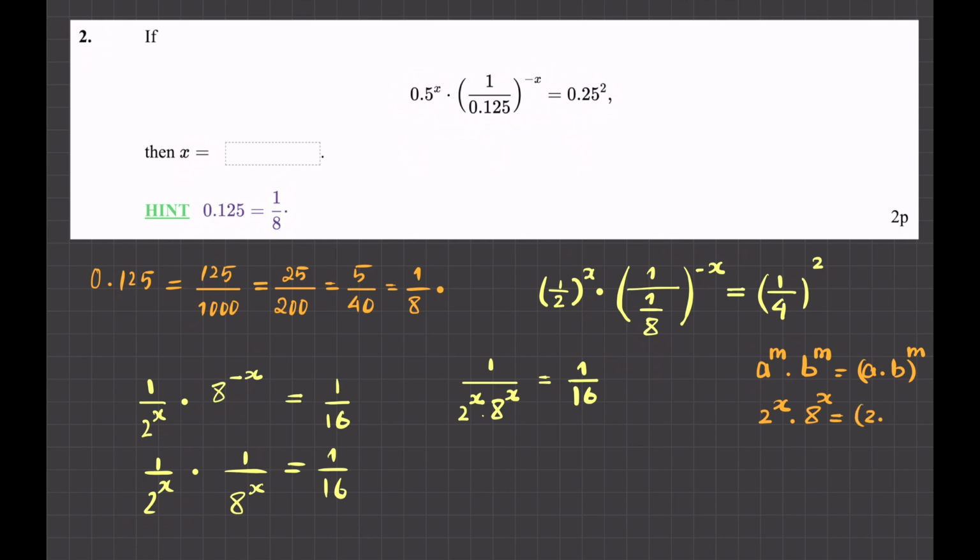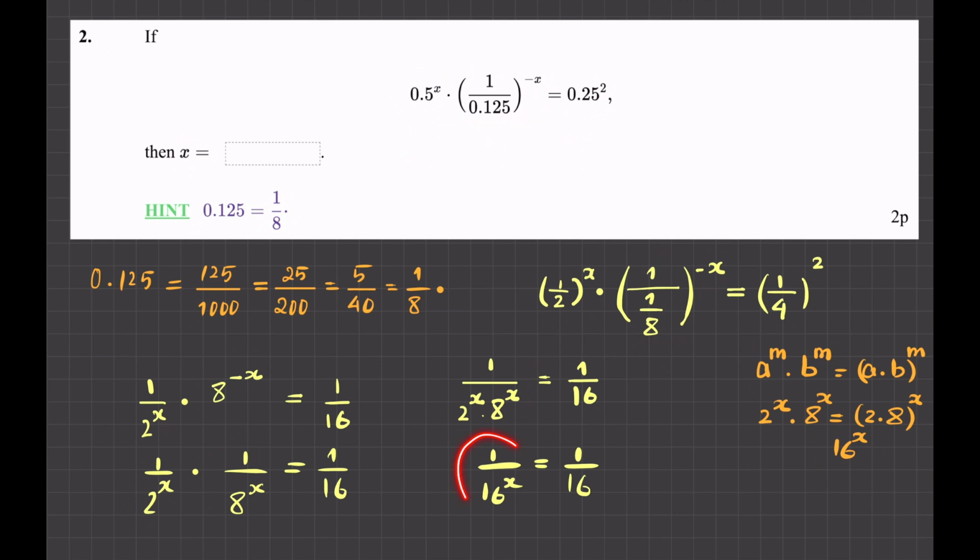I can multiply the bases and write the exponent. But 2 times 8 is just 16, so it is 16 to the x. So it becomes 1 over 16 to the x is equal to 1 over 16.